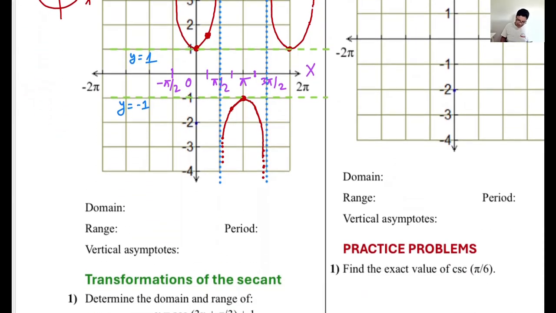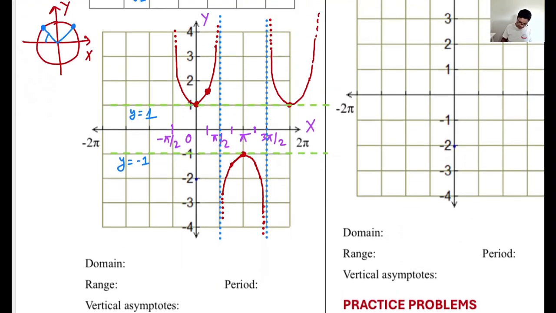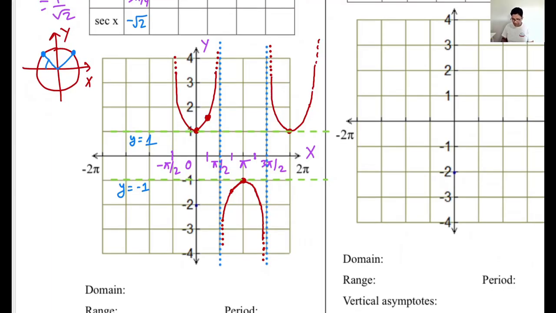Okay, let us now finalize our discussion here by writing the domain, range, period, and asymptotes for this graph. The domain is where the function takes finite values. And as you can see, there are periodic intervals where you have infinite values, right?